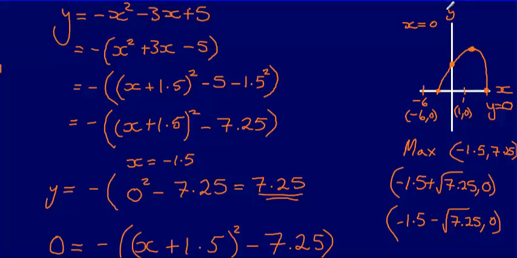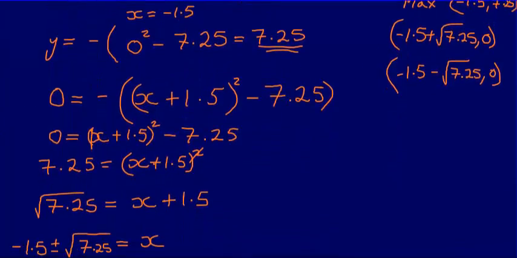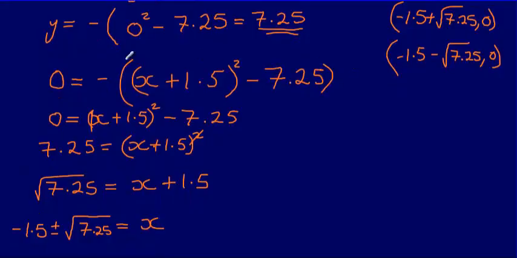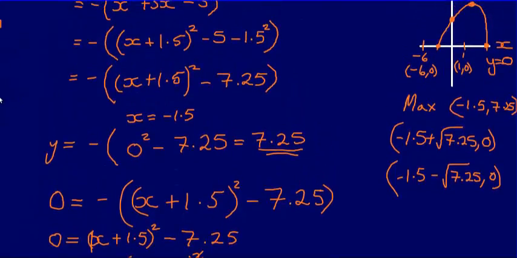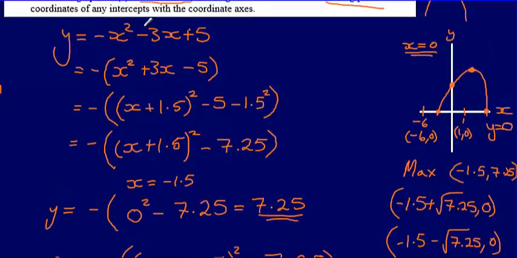Now this is far simpler than figuring out the coordinates where the graph cuts through the x-axis, because all I have to do is substitute x equals 0 into the equation. I'm going to use this rewritten version of the equation, but I could use any of these forms that I've written here, and in fact that's probably the easiest way to do it.